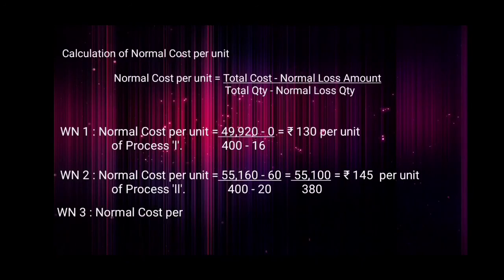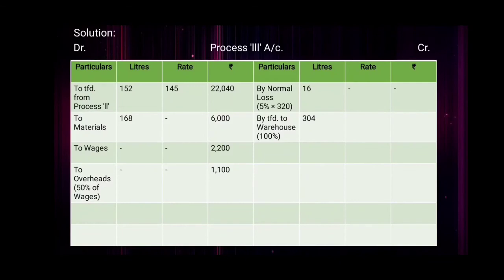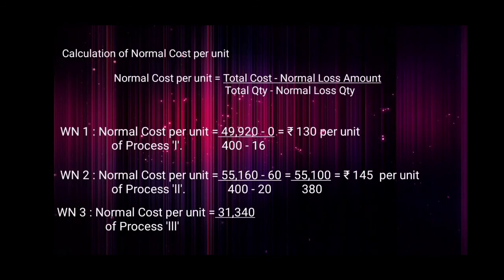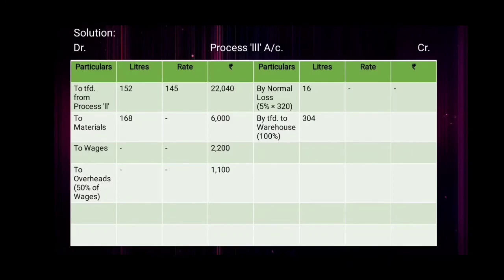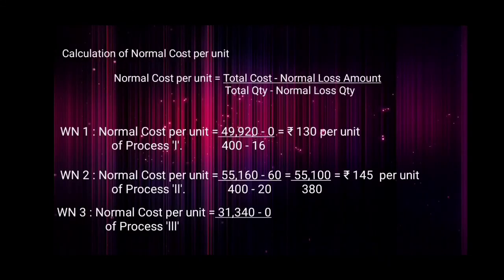Normal cost per unit of process 3 account, which is equal to total cost. Total cost amount will be 22,040, 6,000 plus 2,200 plus 1,100, which will be 31,340 minus normal loss amount, which will be 0, divided by total quantity.